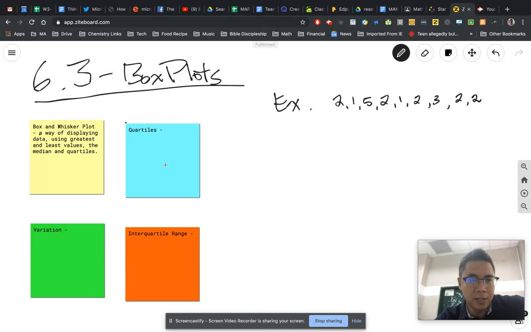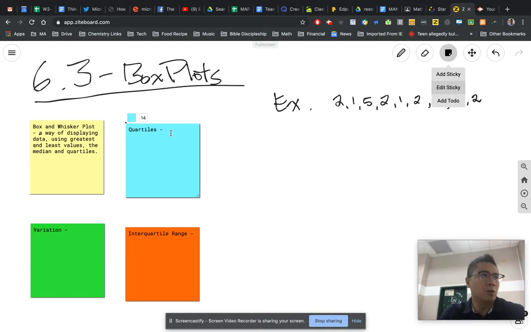There's something called quartiles and something called interquartile range. And those are all new things for you guys to hear. So what is a quartile? Essentially, quartiles are three values in your box and whisker plots. You know about the median, so it includes the median.